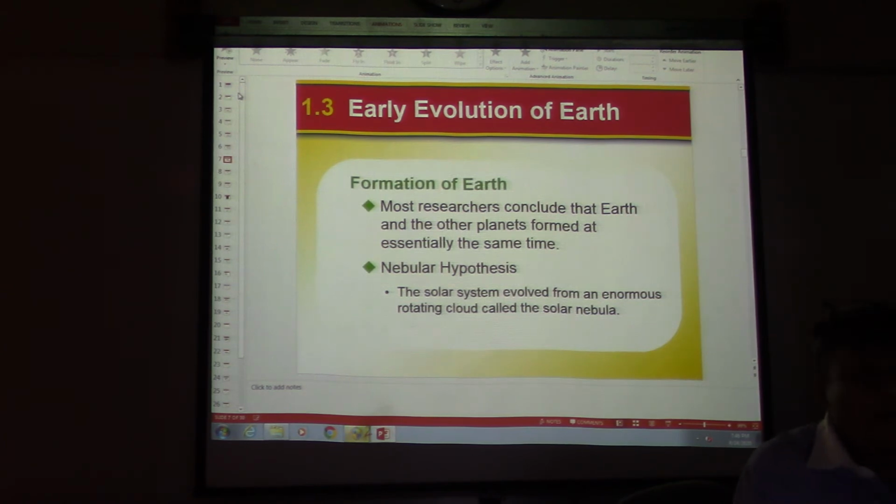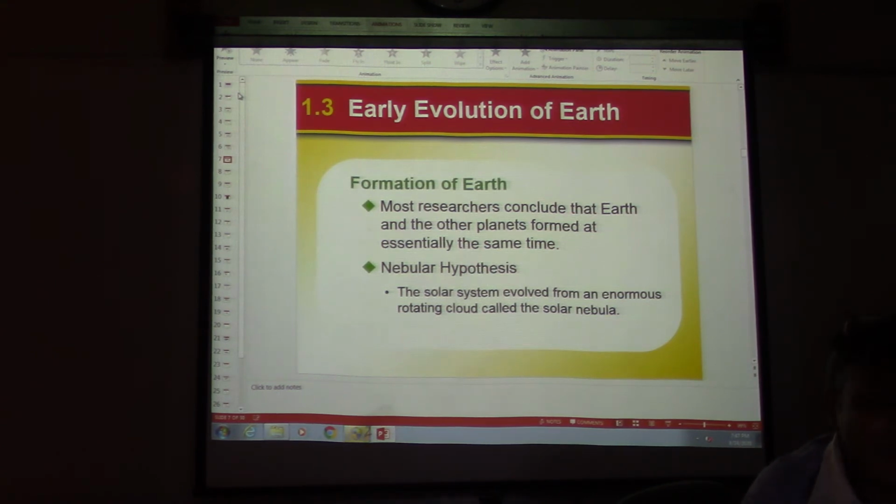So if I'm on page 7, scales of space and scales of time. There are certain processes which happen on the earth's crust in a fraction of time, but there are certain processes which take their own time.